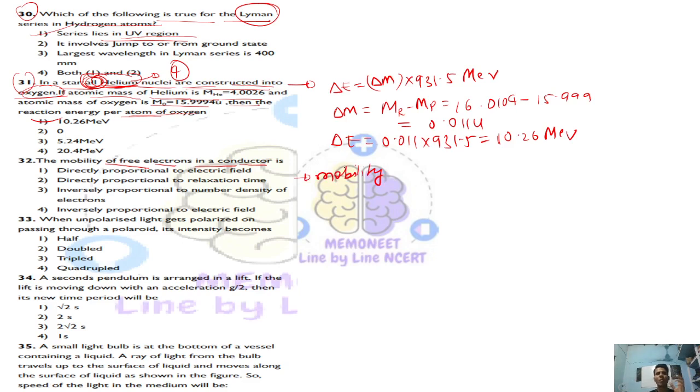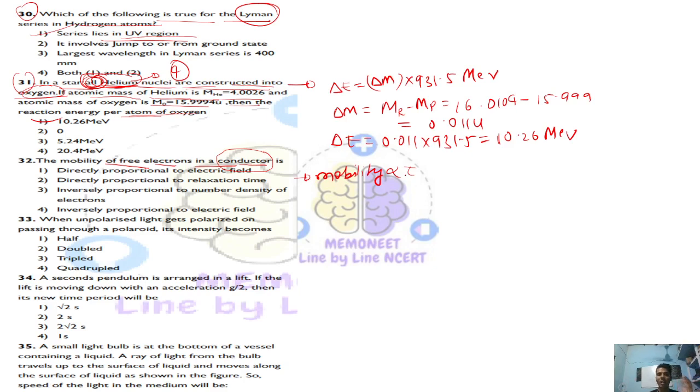What is mobility? Mobility is how free electrons are to move, how mobile electrons are inside any body. It is asking for a conductor. A conductor's mobility does not depend on the electric field. It depends on the relaxation time. That means in the conductor, the average time available for an electron to collide is defined as the relaxation time.